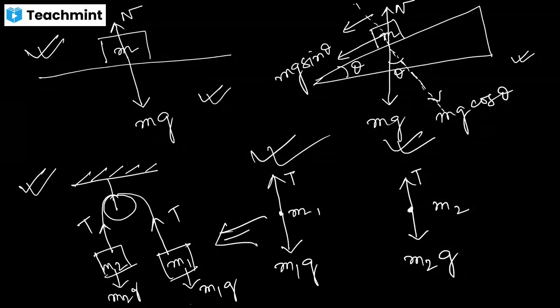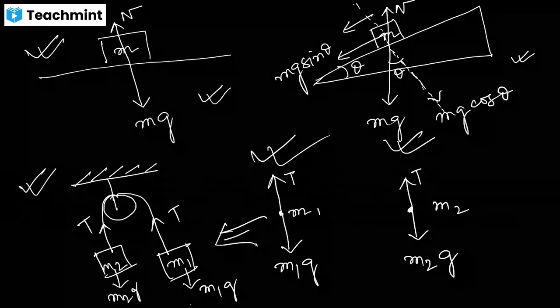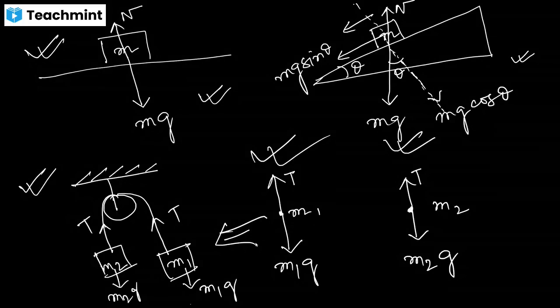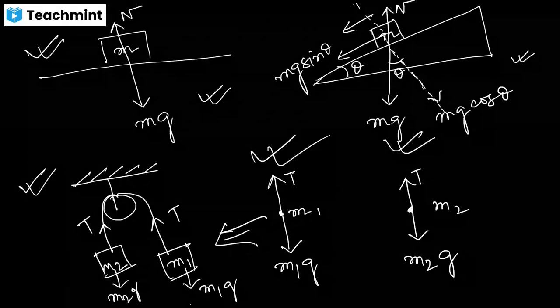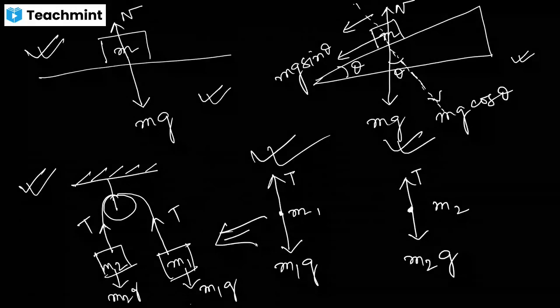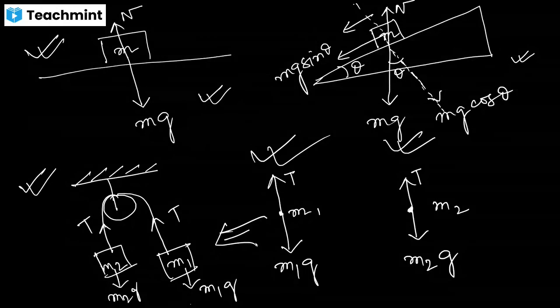Right? So we can say that whenever an object is in an equilibrium position, the sum of all the force vectors which are acting on an object is zero, right?